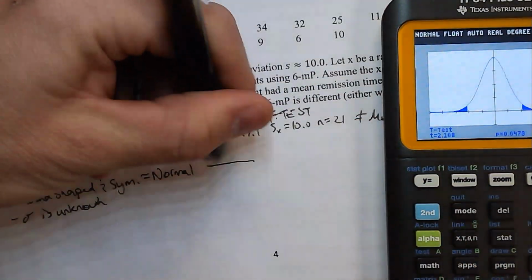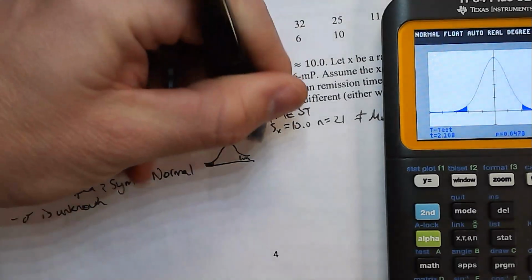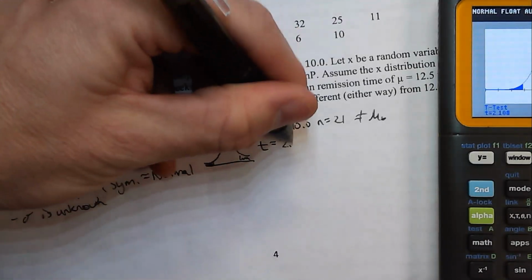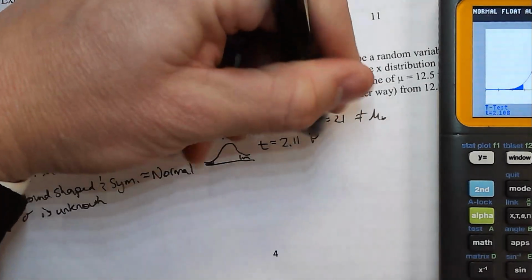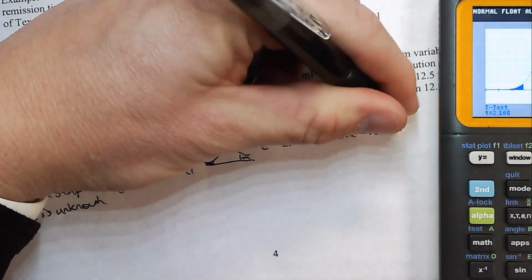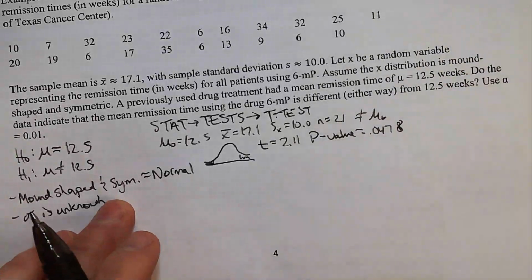I'm just going to do a rough sketch. Now, this time the test statistic is T. It's 2.11, and the p-value is 0.0478. Remember, alpha is 0.01 here.